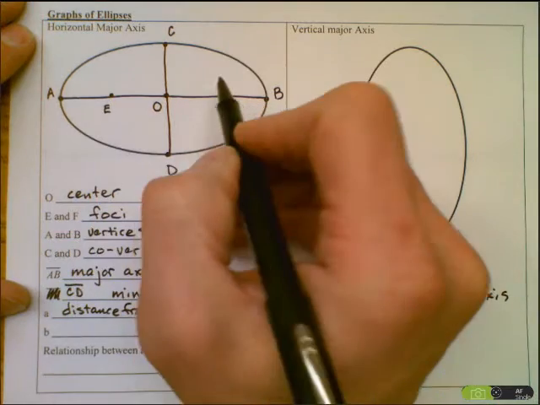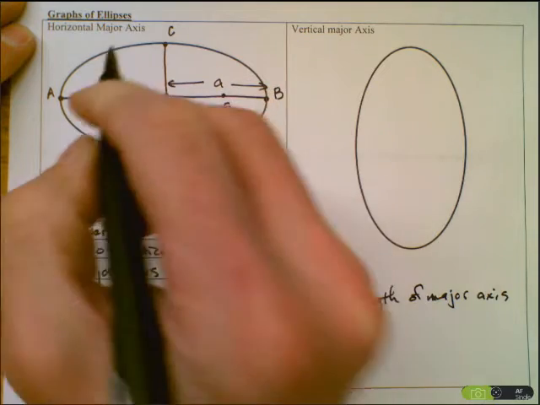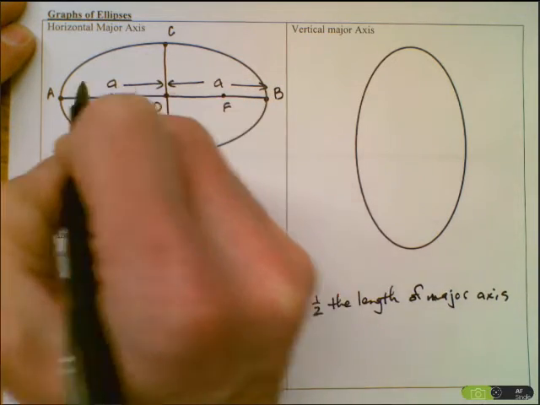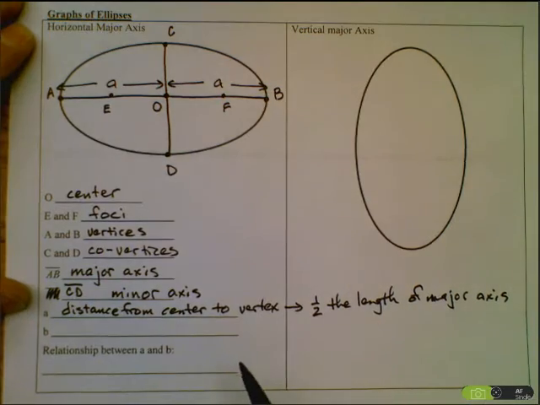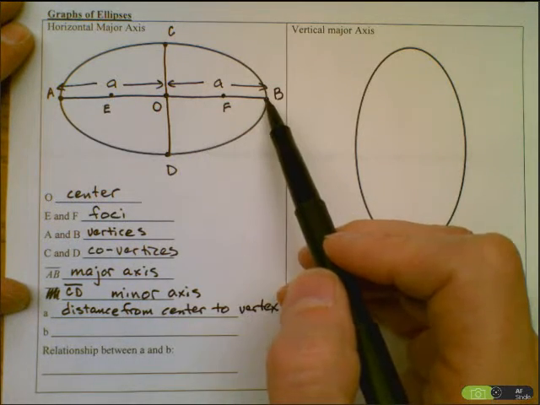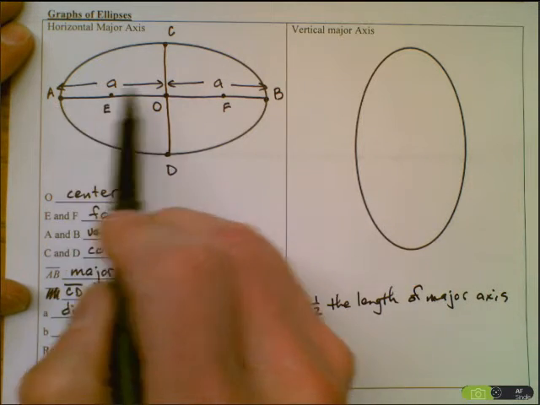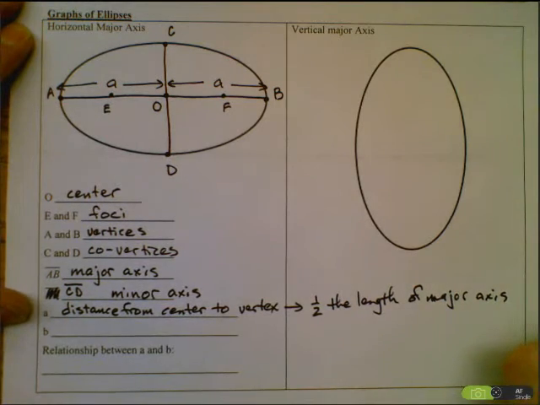So that distance here, it's going to be A, goes from here to here, or A is going to go from here to here. So from the center to either vertex. A and B are vertices. So if we go from the center to the vertex over on the right, that distance is A. If we go from the center to the vertex on the left, that distance is also A.